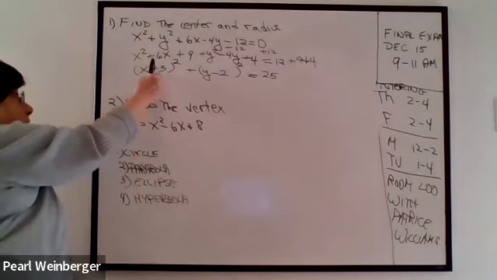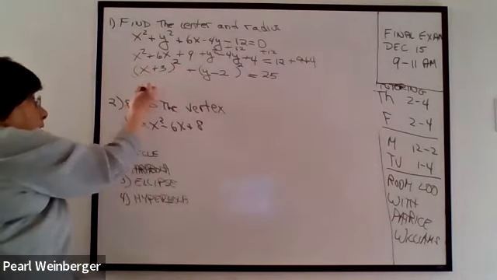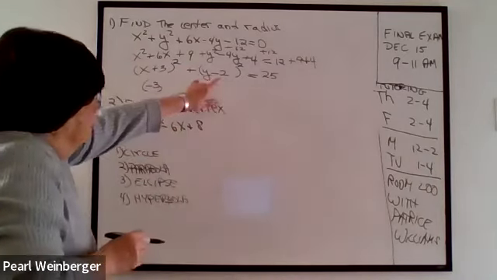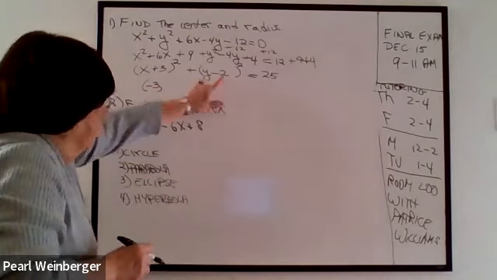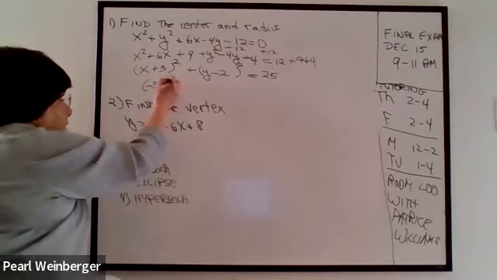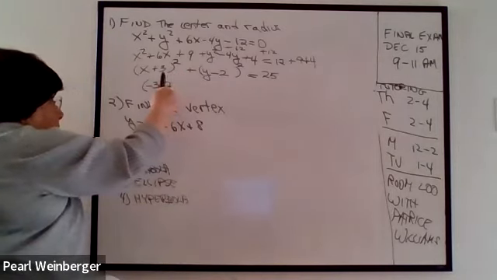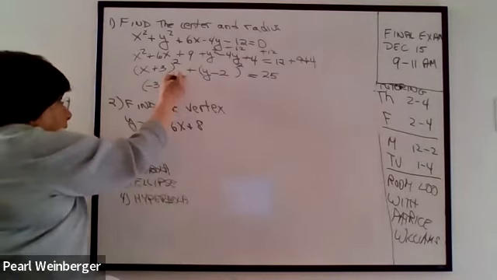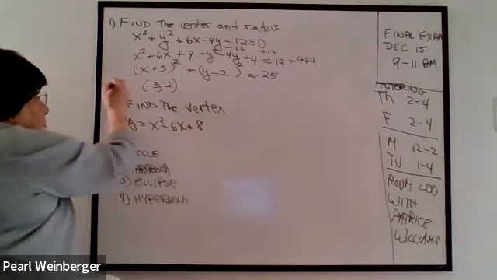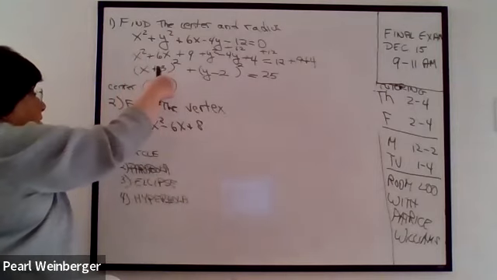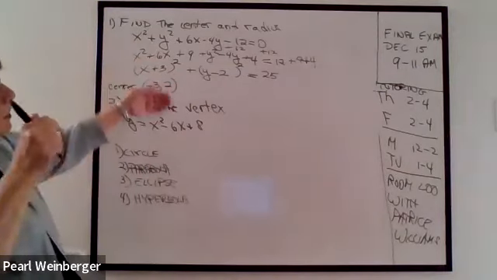With the x is a positive 3, so that'll make the x center negative 3. With the y is a negative 2, so the y coordinate of the center is positive 2. This is our center. We take the numbers with the opposite sign.